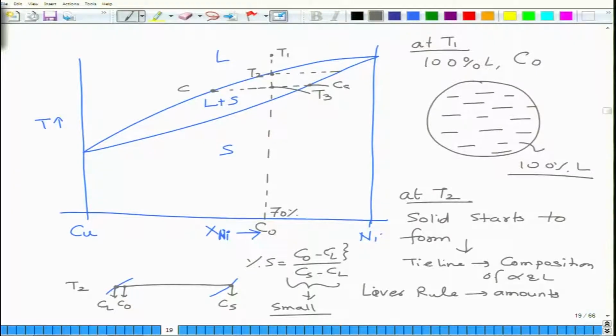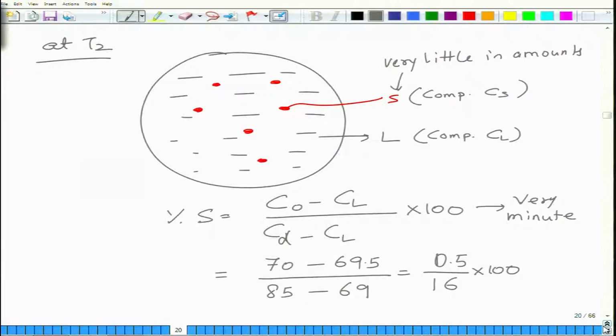So this is solid composition which has moved along this line, and this is the liquid composition which has moved along. So you can see that as you have formed more solid, the liquid has become depleted in solute, and solid also has become depleted in solute as compared to the solid which had formed earlier, but the solid composition overall is higher than the overall composition of the alloy.